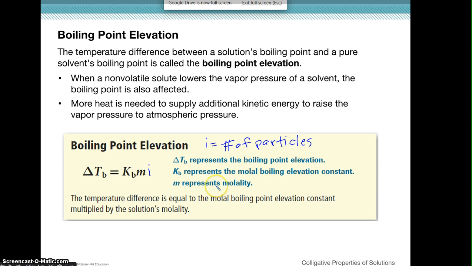So if we dissolve something that's molecular, that's a non-electrolyte, we're only going to get one particle, so i is 1. But if we dissolve something that is ionic and we get 2 ions or 3 ions or 4 ions, then we're going to have to multiply by the number of particles, because the more particles there are, the more that boiling point changes.